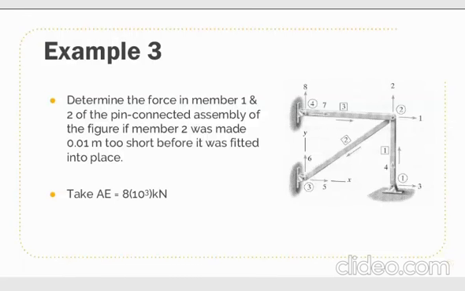Hello everyone. In this example, we will see how we can solve a truss having thermal changes and fabrication errors. So here in this example, we want to calculate the force in members 1 and 2, which are connected.